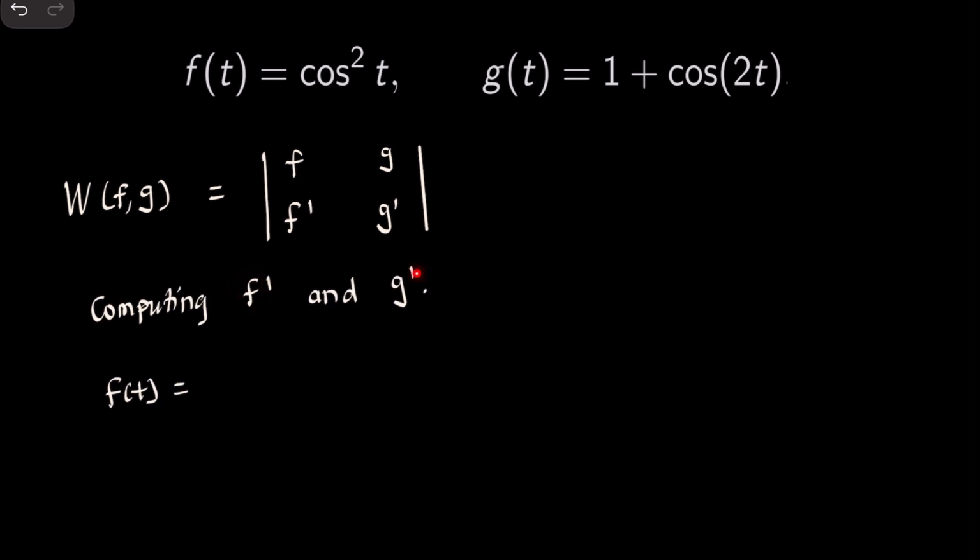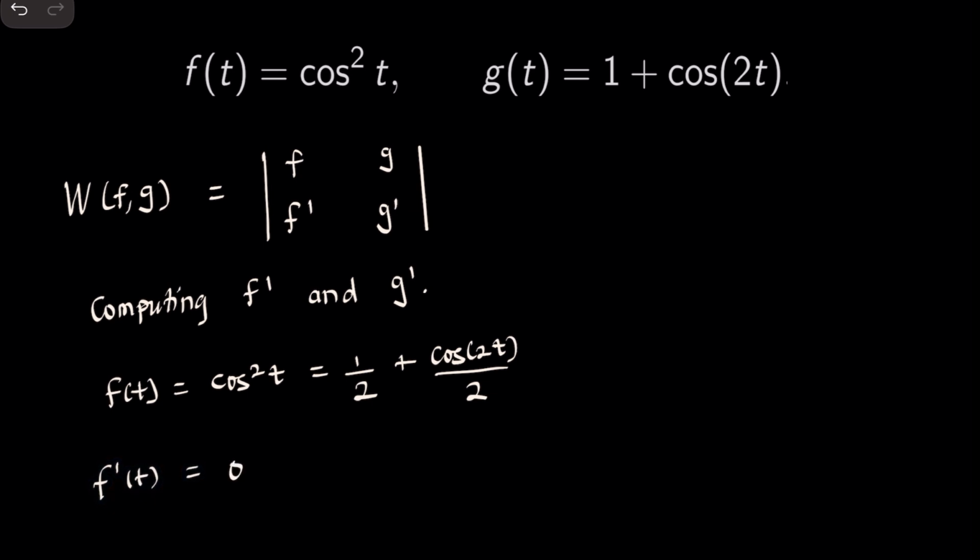Let's compute f prime and g prime. To compute f prime, let's rewrite f of t. Cosine squared of t can be rewritten as 1/2 plus cosine of 2t divided by 2. So f prime of t is equal to, when you differentiate 1/2, we are going to get 0, and we are going to use the chain rule to differentiate cosine of 2t over 2.